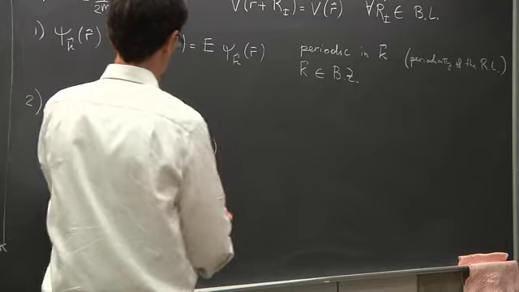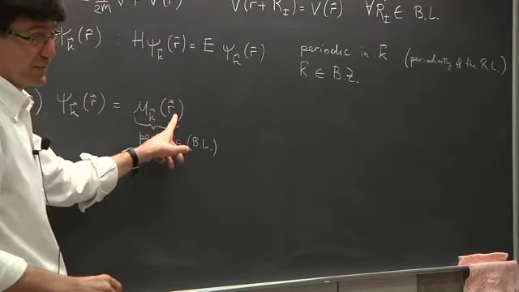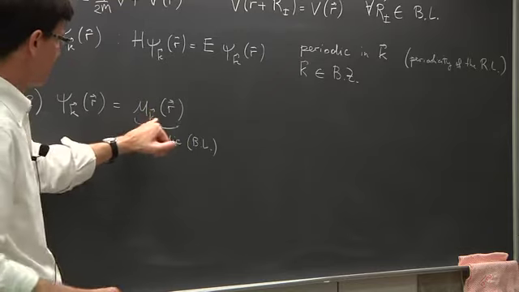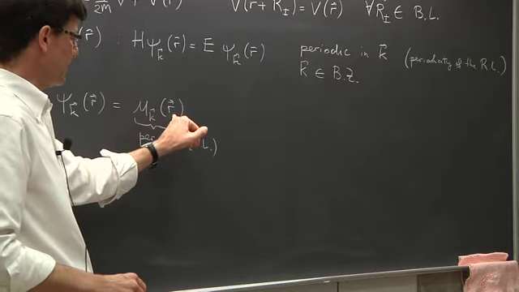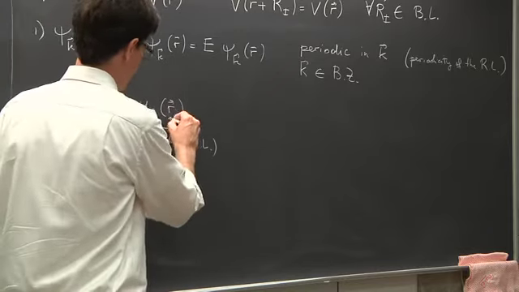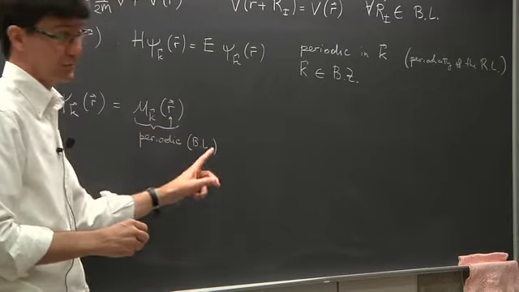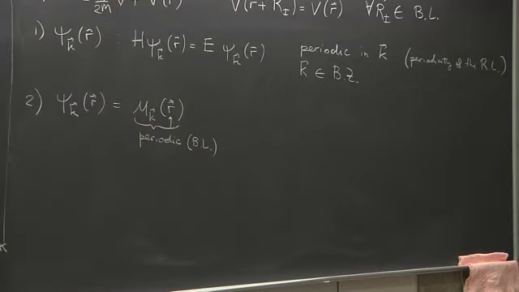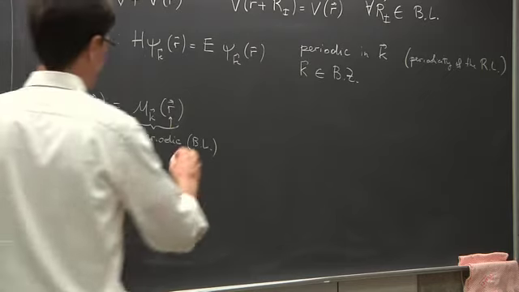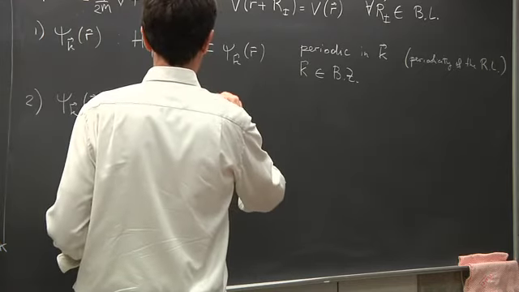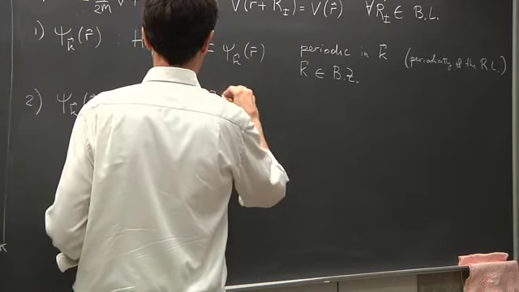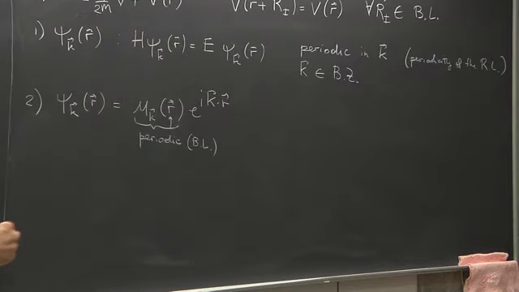Periodic as a function of R, right? It's also a function of K, but the important statement now is that as a function of R it is periodic, with the periodicity of the Bravais lattice, times a phase.